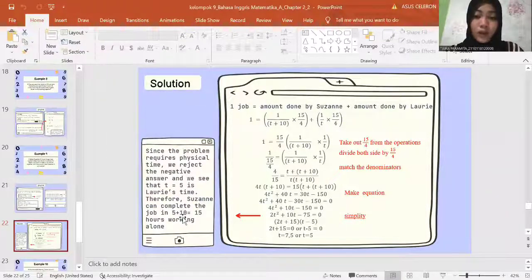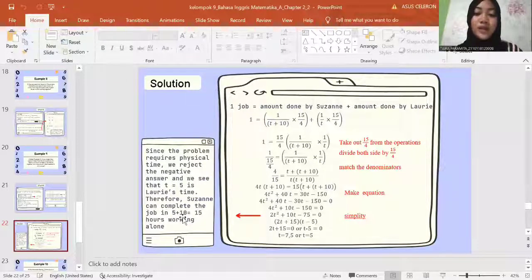So 1 divided by 15/4 equals 1/(t plus 10) plus 1/t. Match the denominator. 4/15 equals (2t plus 10) divided by t times (t plus 10). Cross multiply: 4 times t times (t plus 10) equals 15 times (2t plus 10).